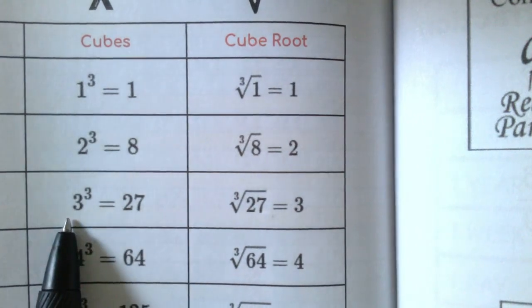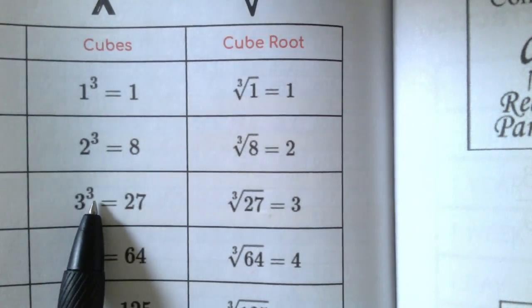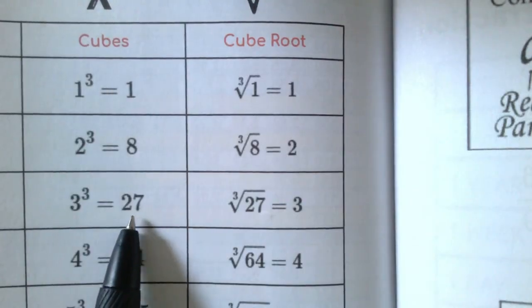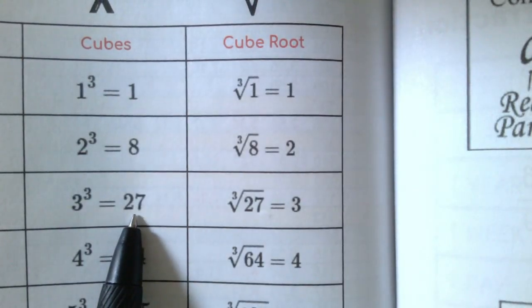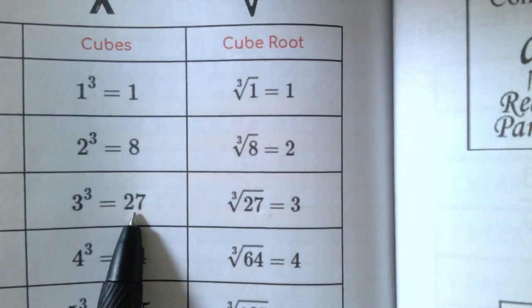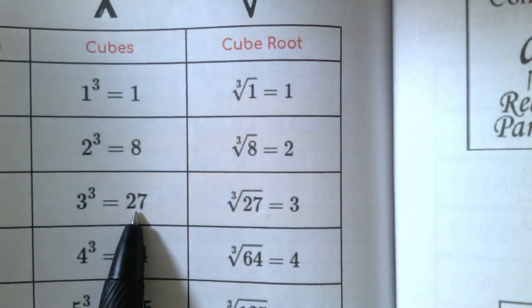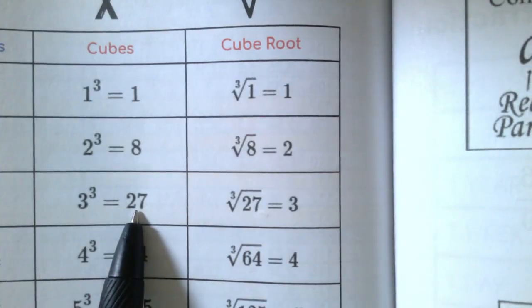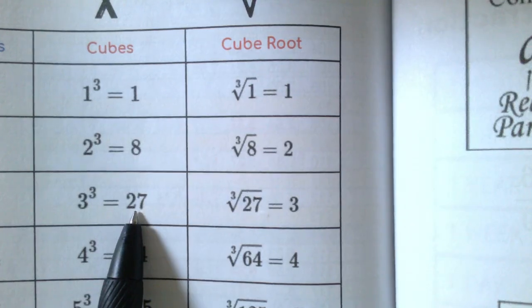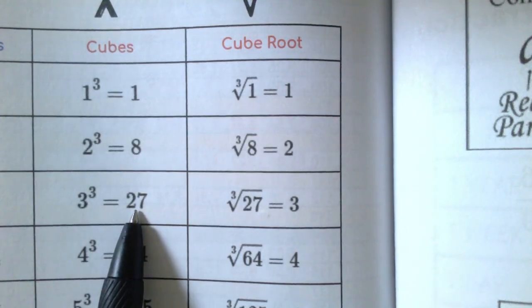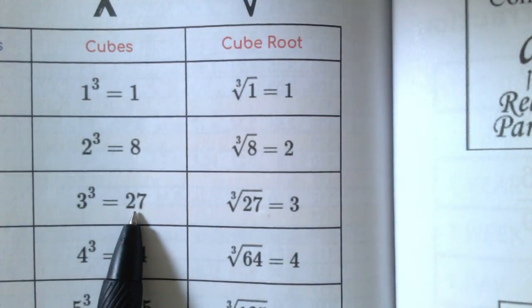But let's take a look at this 3 to the third power, which gives me 27. Now, could I divide that 54 by the 27 to give me a whole number? Okay? Is that possible?